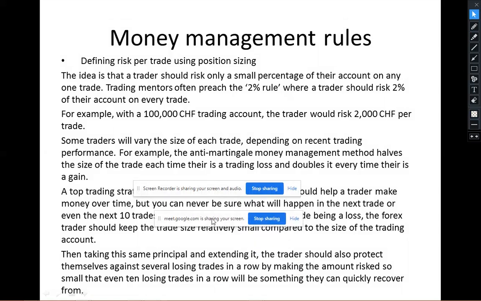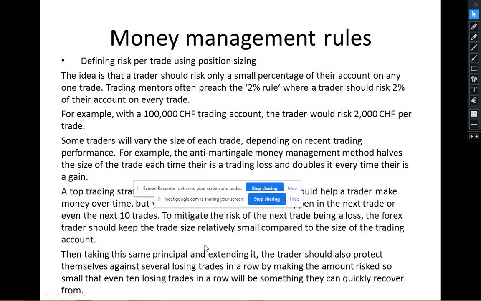Then, taking this same principle and extending it, the trader should also protect themselves against several losing trades in a row by making the amount risked so small that even 10 losing trades in a row can be quickly recovered from.